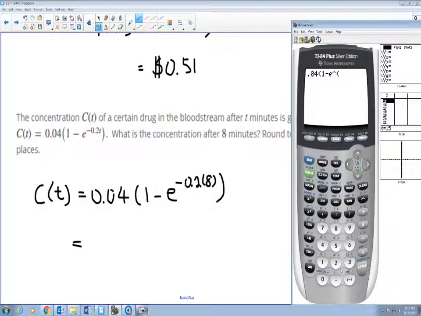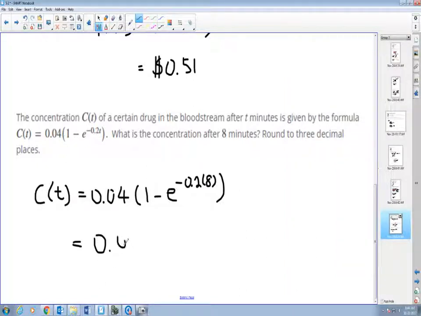In that exponent, I'm going to type in negative 0.2 times 8. I close the parenthesis for that exponent, and close the parenthesis for my 1 minus. Going to 3 decimal places, that will be 0.032.